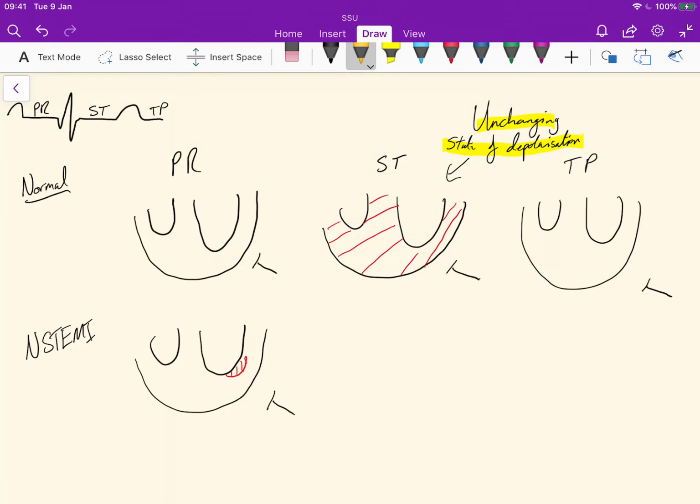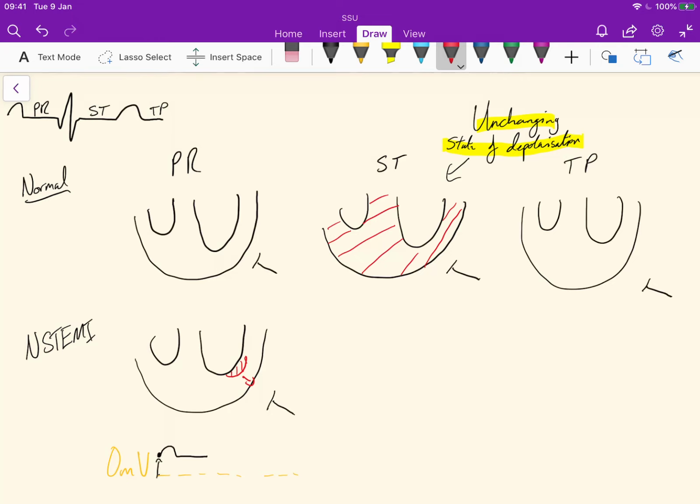So instead of the baseline starting down here, it's going to start up here, at this point here. Up until the PR interval, we're going to have our P wave and our PR interval. Remember, we have our depolarizing signal causing a more positive voltage to be read even at rest.